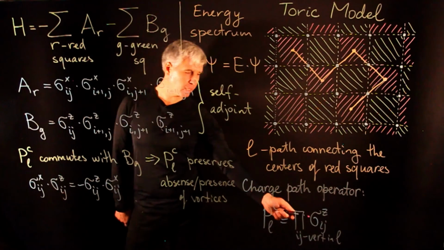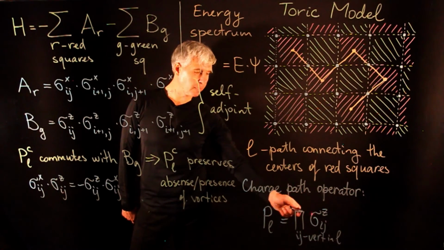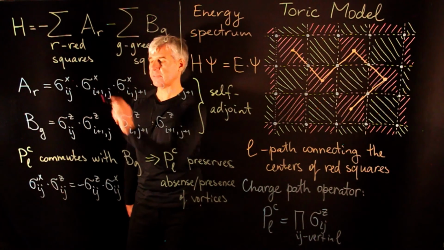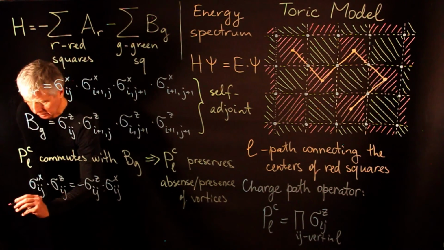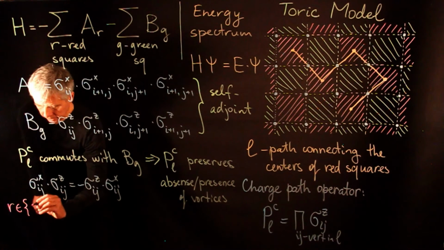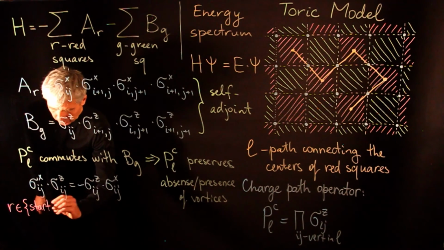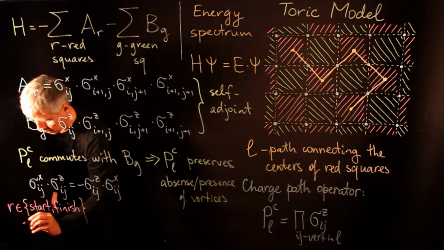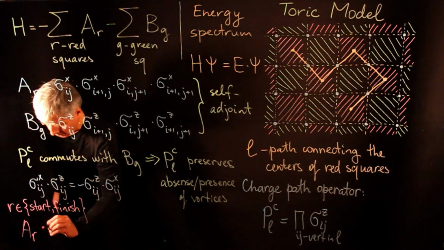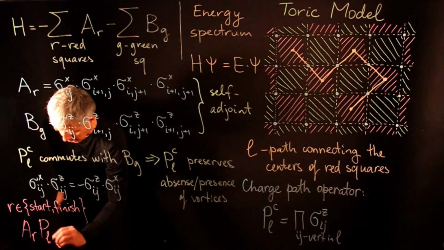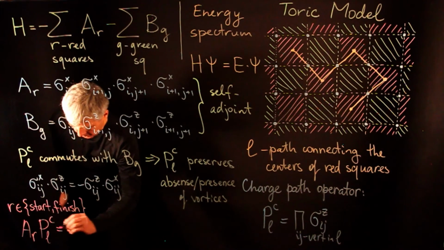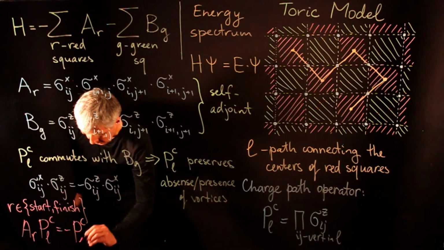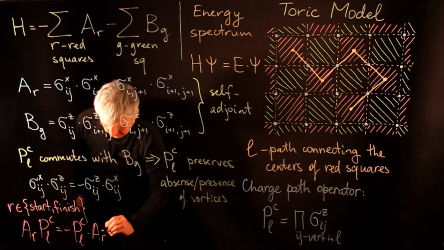And the path operator is made of sigma z factors, whereas AR is made of sigma x factors. So this means that if R is either the start or finish of our path, then we will have that AR with the charge path operator is equal to minus the product PCL with AR.